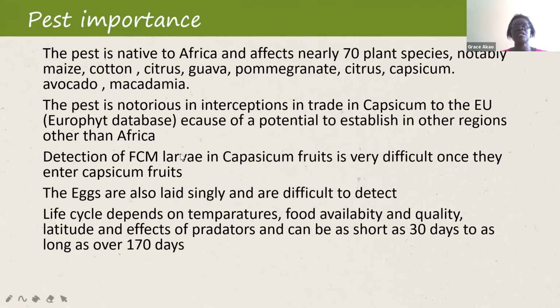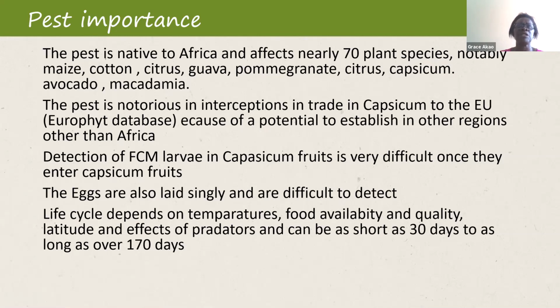The pest is notorious in interceptions in trade, particularly capsicum to the EU market. If you check the Europhyte database for your own countries, you'll find lots of interceptions, and this pest doesn't miss out.